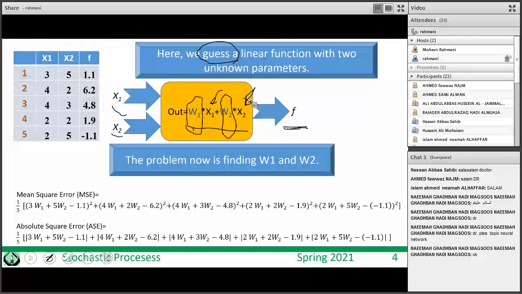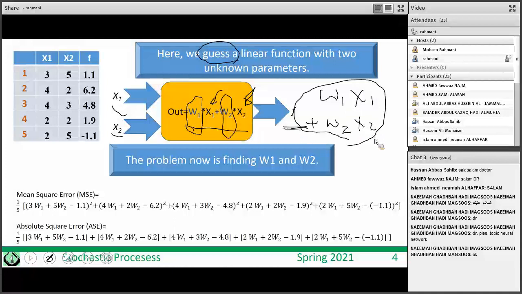We assume that the output is a linear function of inputs. It means that f is w1 times x1 plus w2 times x2. We assume that f is this.